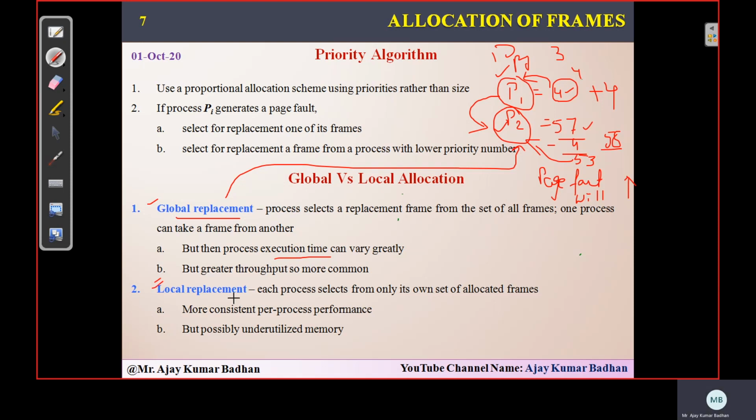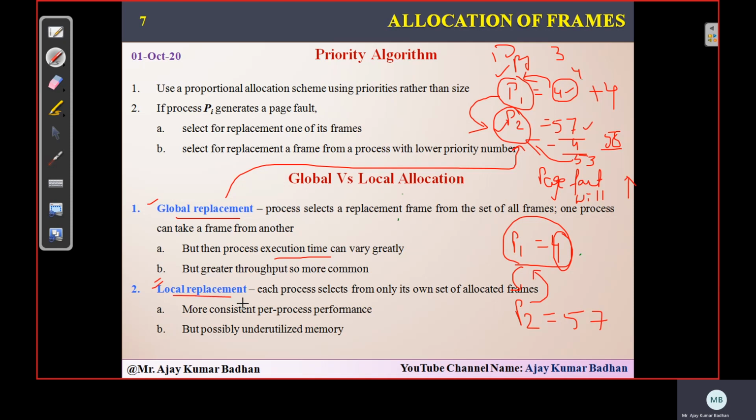Then we have something called the local replacement technique. If you talk about the local replacement technique, this is the one we are going to follow here. So when process P1 is allocated 4 frames and P2 is allocated 57, whenever the process wants to access a new frame, he can access only within this particular allocated set of frames. It means he cannot try to access a frame from the next process, and in the same way P2 cannot try to access a frame from P1.